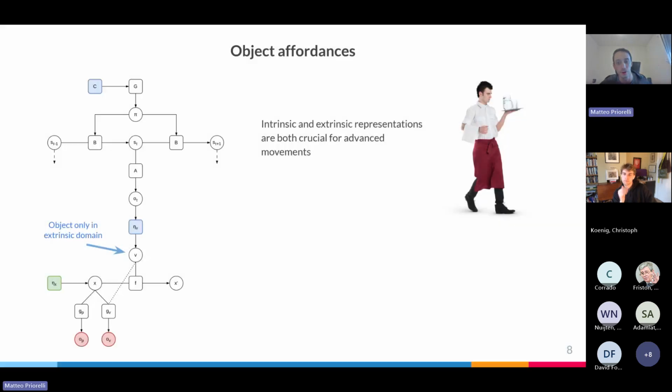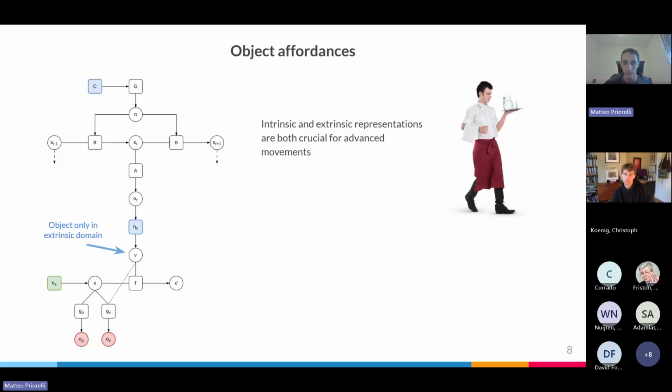So a second issue involves the object affordances. We know that intrinsic and extrinsic representations are both crucial for advanced movements, for example, in reaching and grasping movements, or when we have to walk by keeping a fixed orientation of a glass in our hand.